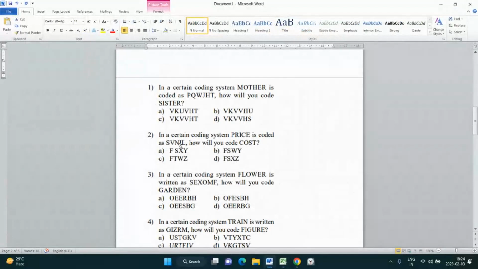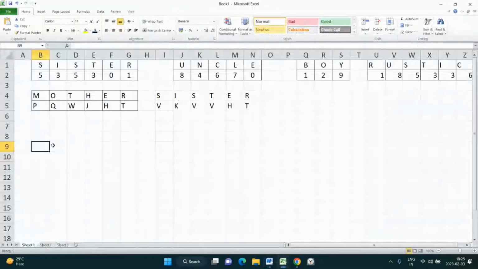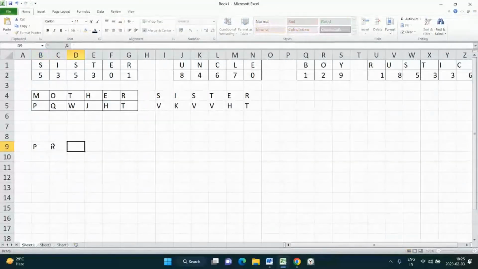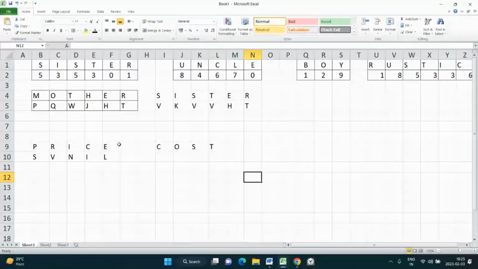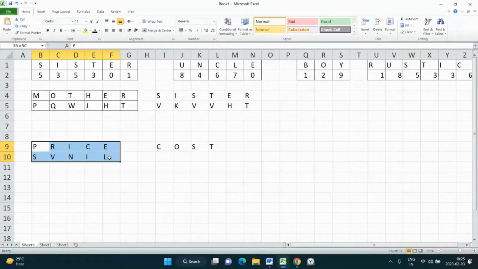Price is SVNIL. You need to tell me what is cost. You can check this, ABCD is here. You have to map and put it on the chat.